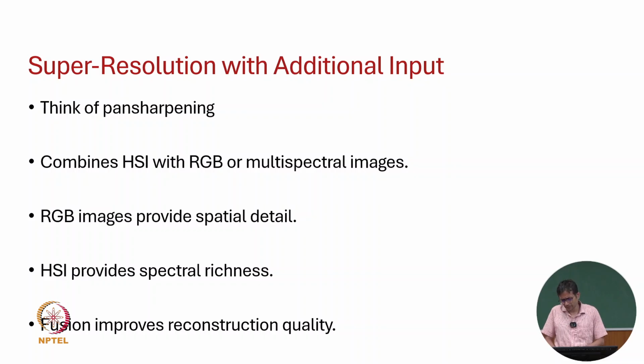We have, let's say, this 200 band hyperspectral image, which is lower resolution, whereas some 3-channel RGB or 4-channel multispectral or some 1-channel image is of much higher spatial resolution.